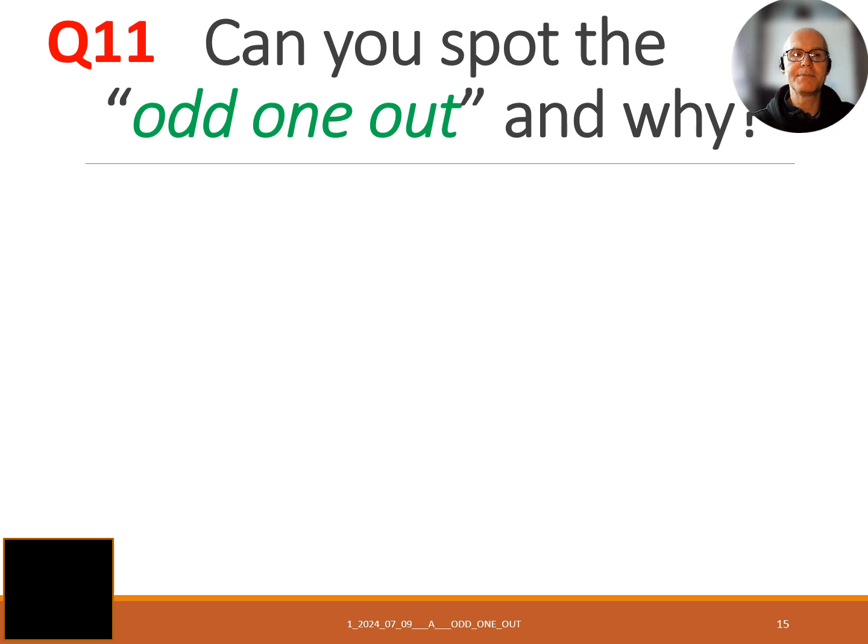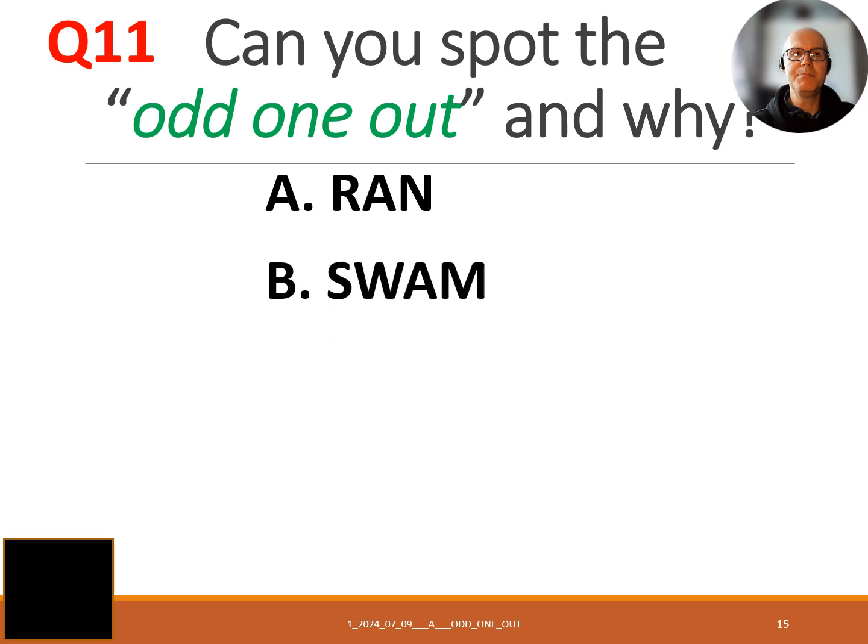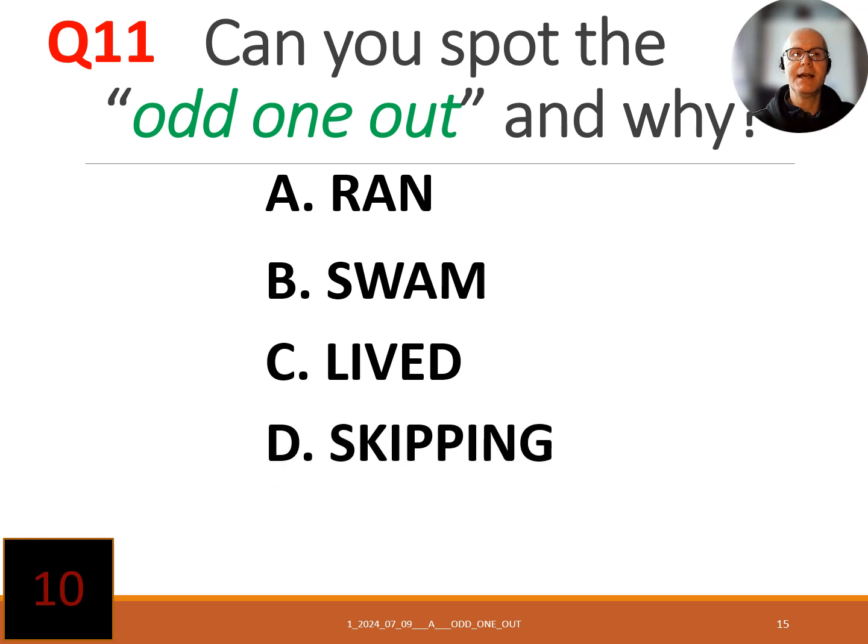Question 11. Halfway done. A. Ran. B. Swam. C. Lived. And D. Skipping. Can you spot the odd one out and why?